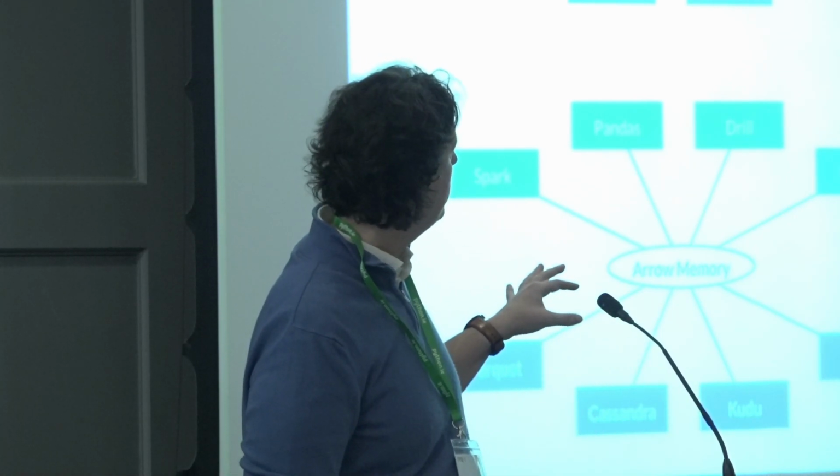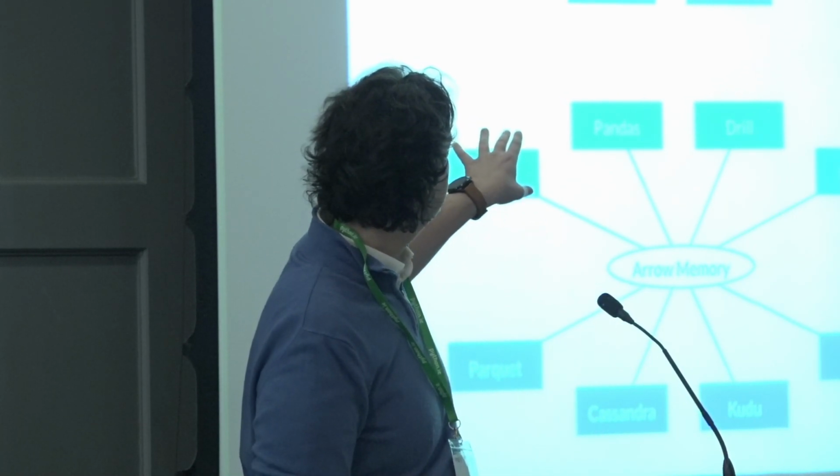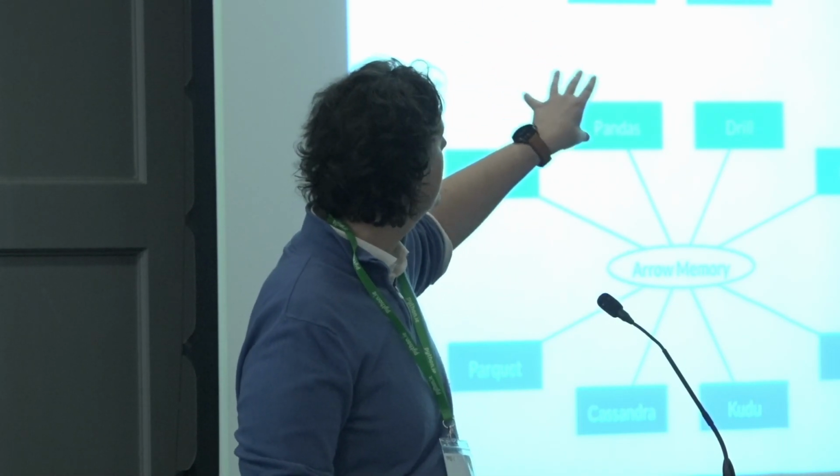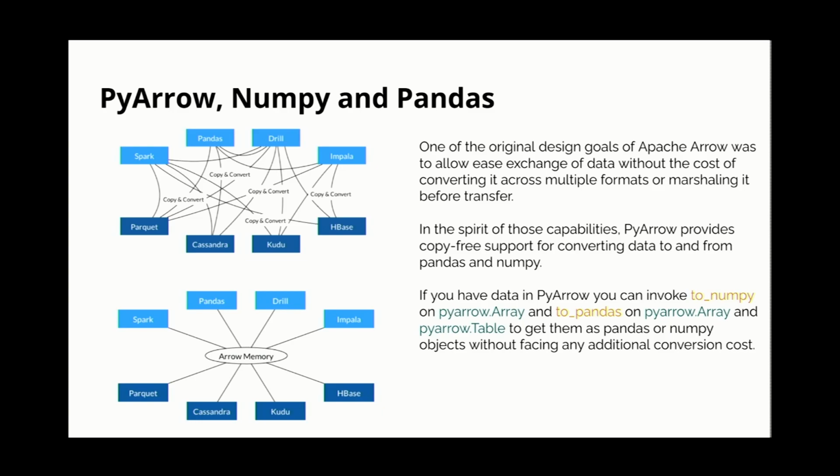So for example, in the past, if you had your data in Parquet or Cassandra and you wanted to analyze it from pandas, you had to copy that data, which was in a dedicated format in Parquet or in Cassandra, and convert it to whatever format pandas used in memory, and you also had to pay the cost of unmarshalling that data and storing it in a different format in memory.